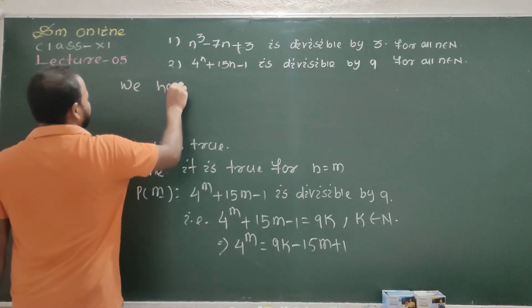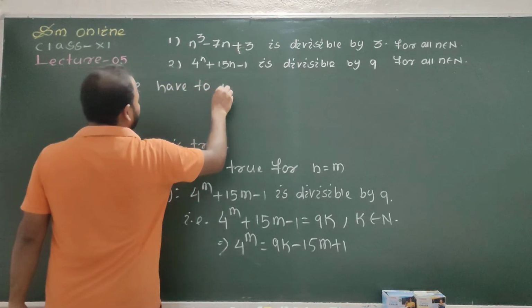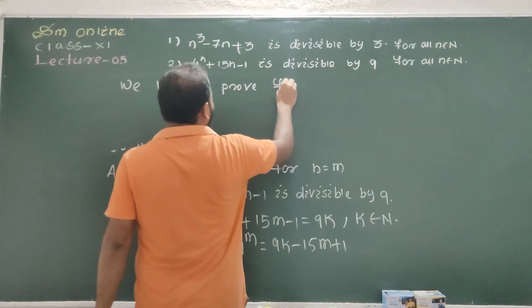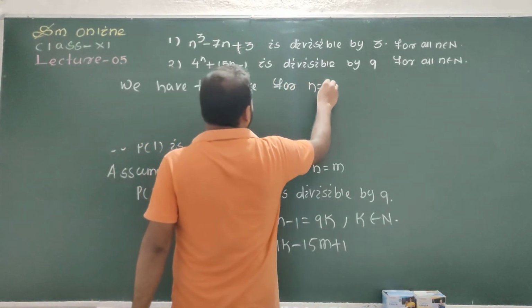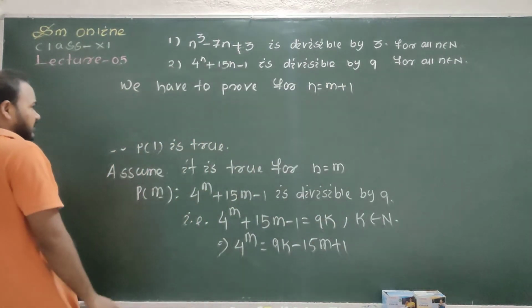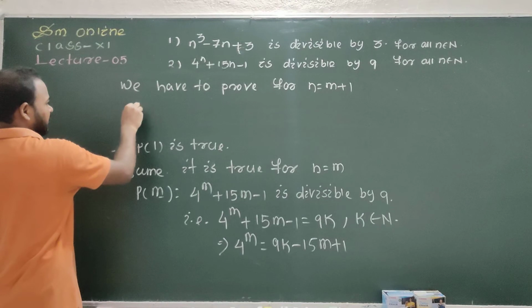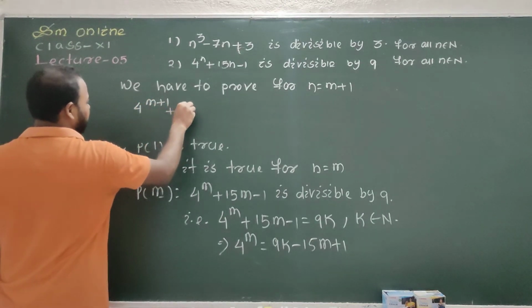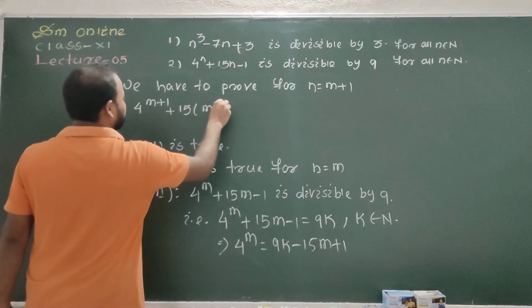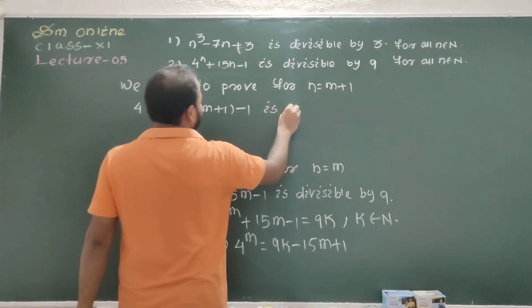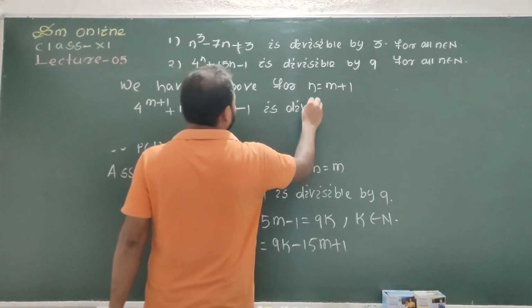For this we have to prove that 4 to the power (m plus 1) plus 15 into (m plus 1) minus 1 is divisible by 9.